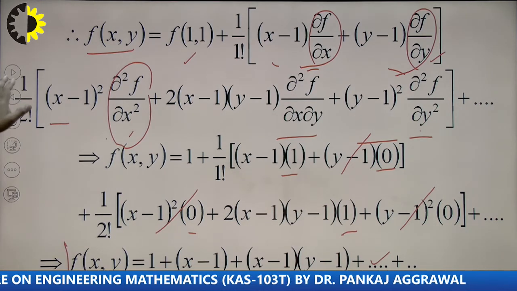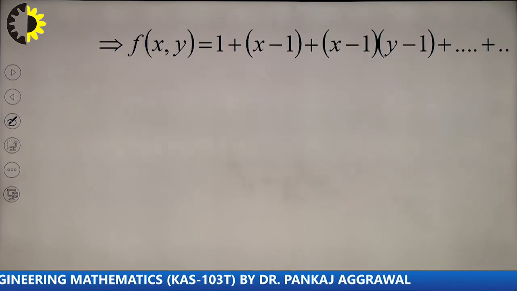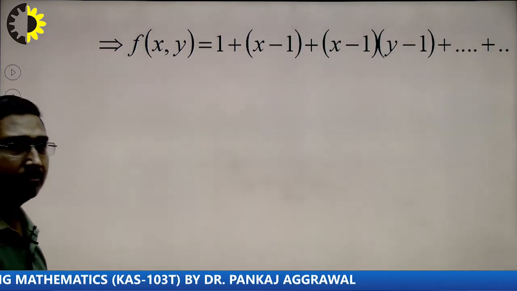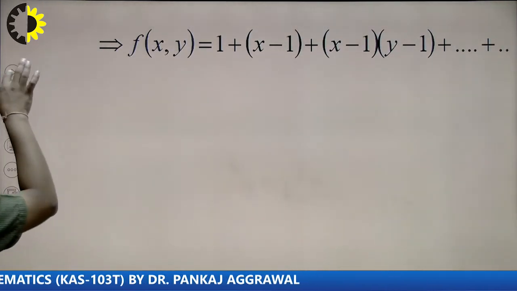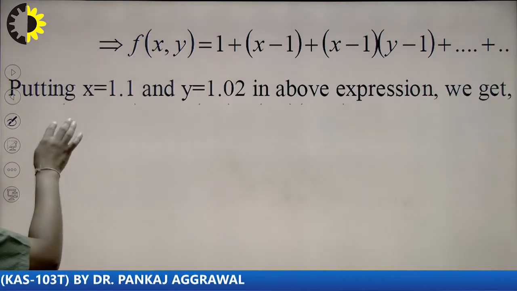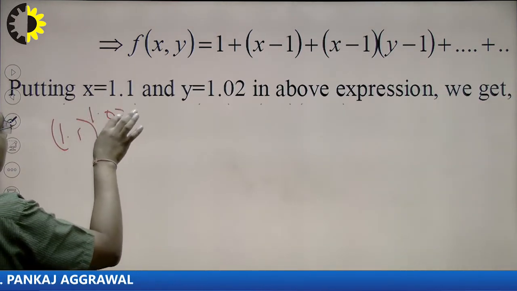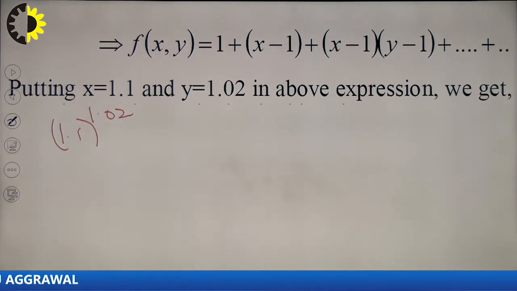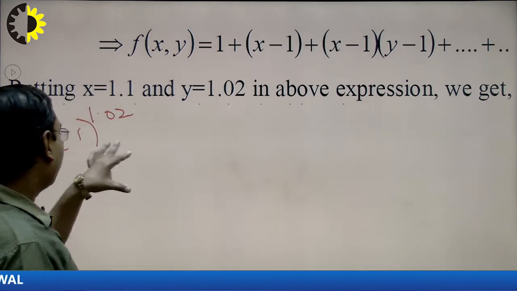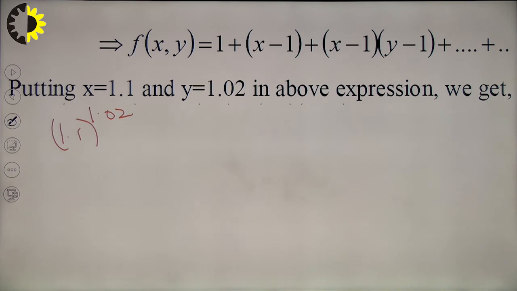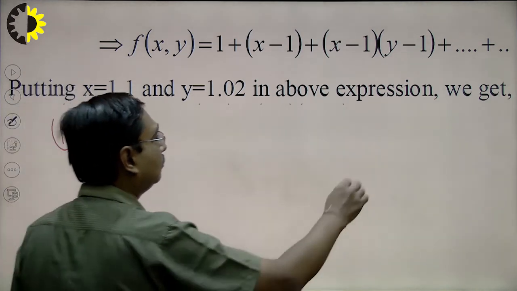Now we move towards the next part of the problem, in which we were to calculate the value of 1.1 raised to the power 1.02. To calculate the value of 1.1 raised to the power 1.02, what we will do?